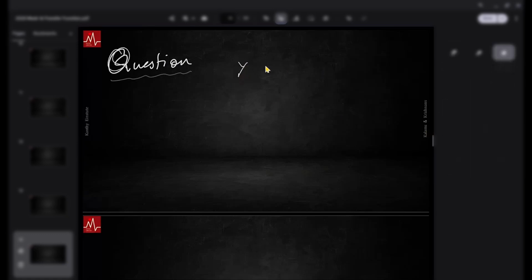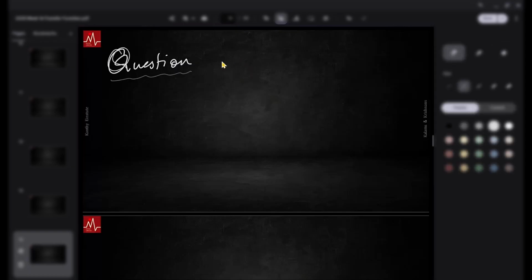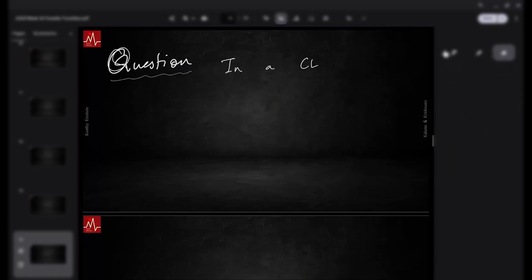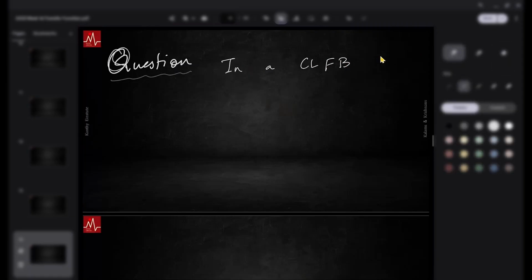So, given in CLTF, closed loop feedback system, given x of s, they have given x of s, they have given g of s, they have given h of s.